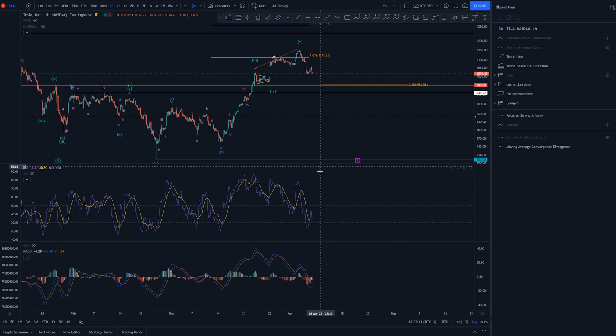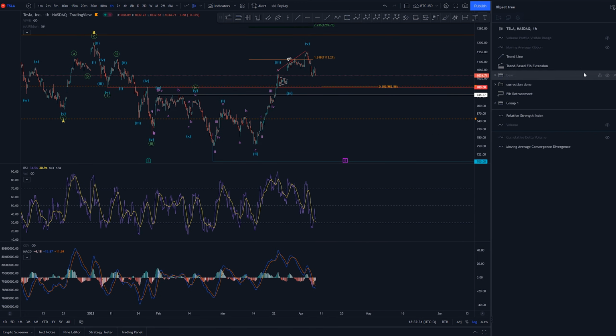On 1 hour the RSI has gone above the moving average that I have set for 10, and most likely is back testing this before doing a bounce up, maybe for that B wave if that is what it is.